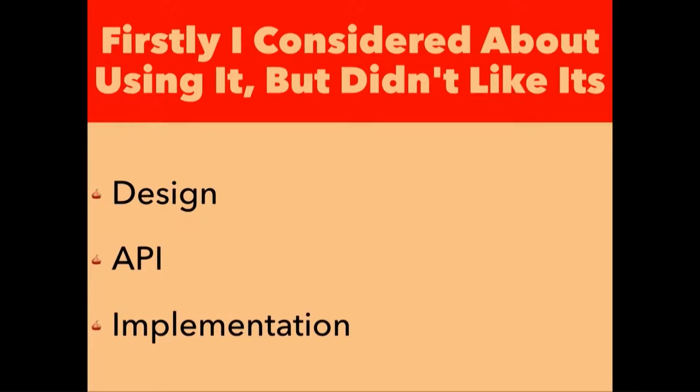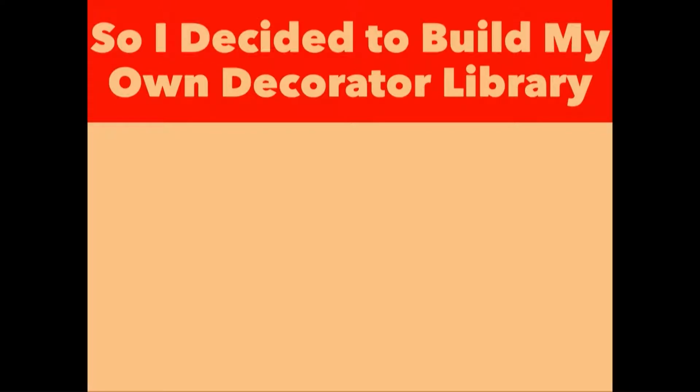So firstly, I considered using it, but I didn't like Draper's API design and implementation. I mean, basic designs, pretty much everything about Draper. So instead of using Draper, I decided to build my own decorator library.